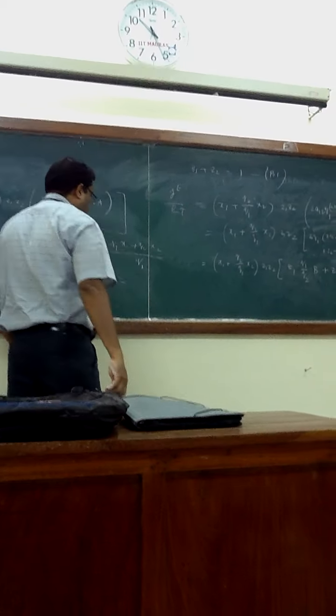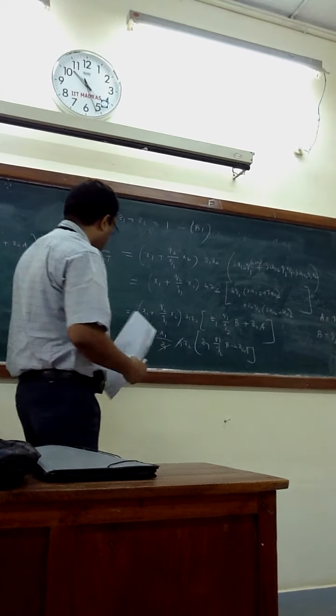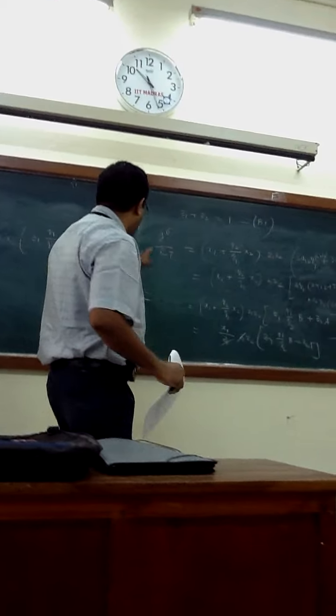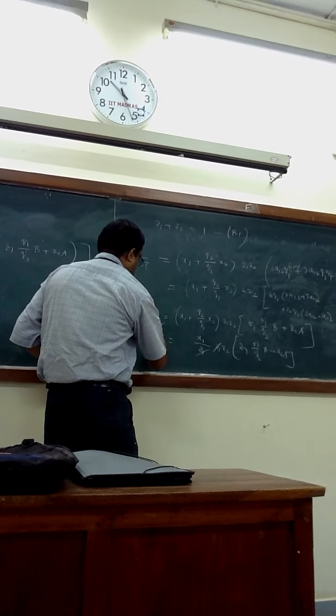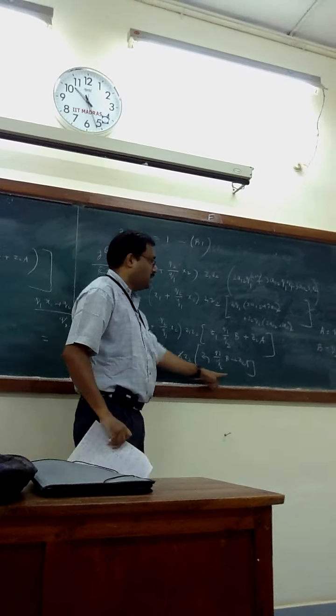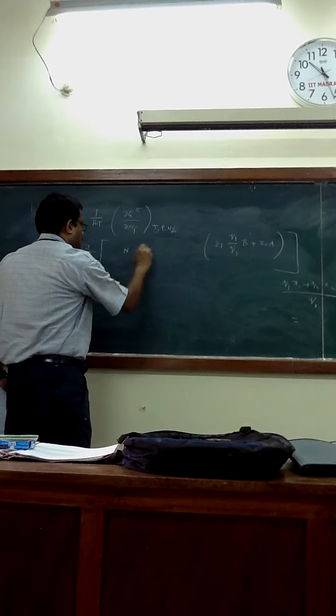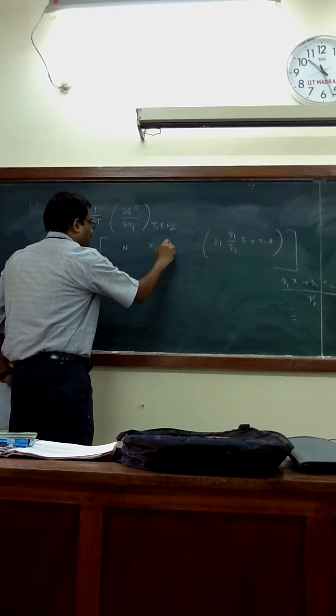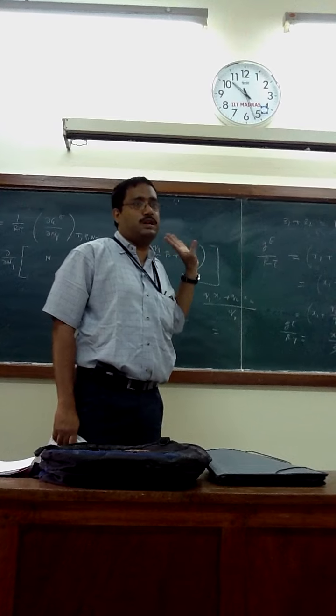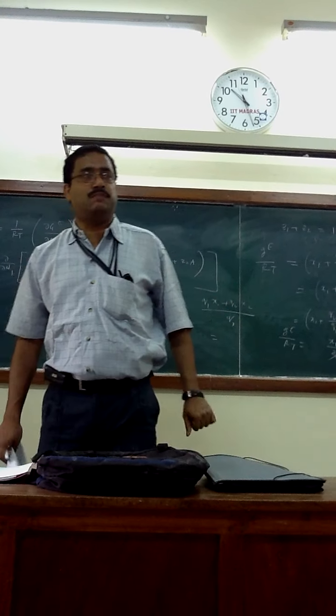So it is z1 z2, which is z1 q1 by q2 B plus z2 A. You got that? So the actual formula should be G by RT, which is x1 x2 times this. Correct? Now you can see that such a big formula has been reduced to so simple a formula. It requires a lot of algebraic manipulation.